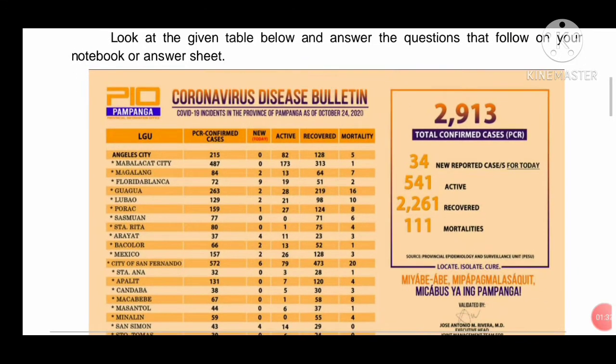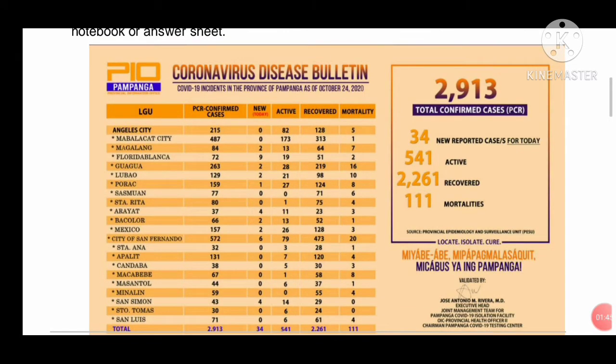This table is about the coronavirus disease bulletin, COVID-19 incidents in the province of Pampanga as of October 24, 2020. Found in the table are the LGUs, the PCR confirmed cases, new as of today, the active cases, recovered cases, and the mortality.